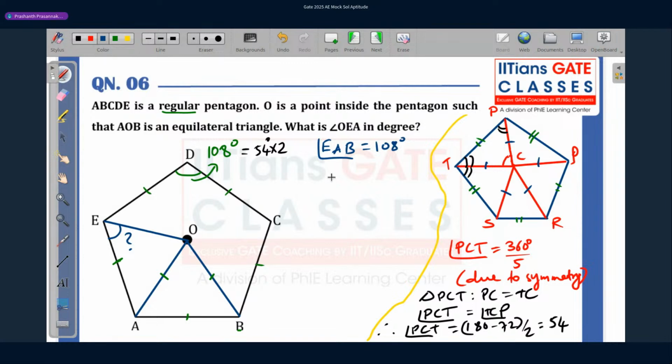What about angle OAB? How much is this? This is 60 degrees because AOB is equilateral. So what is angle OAE?